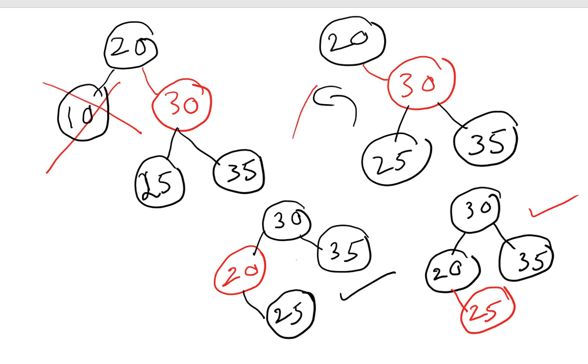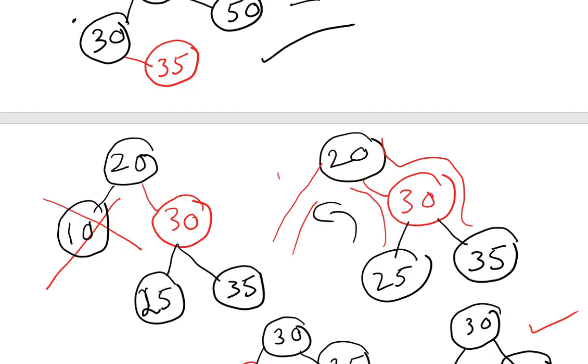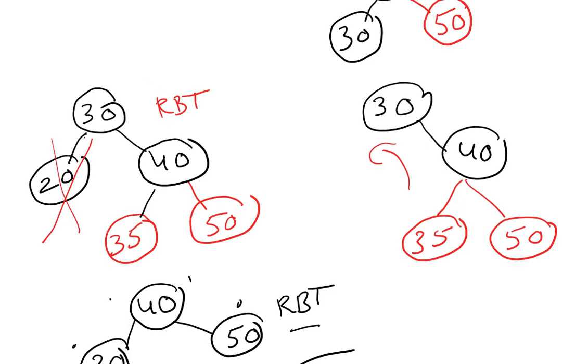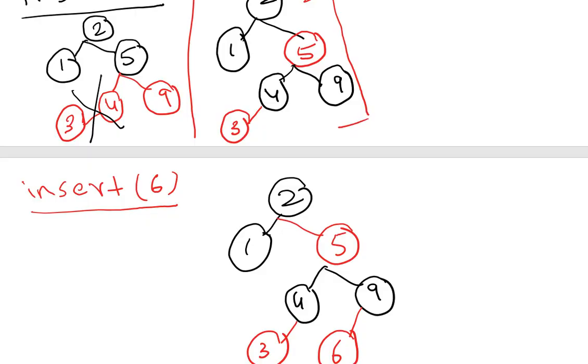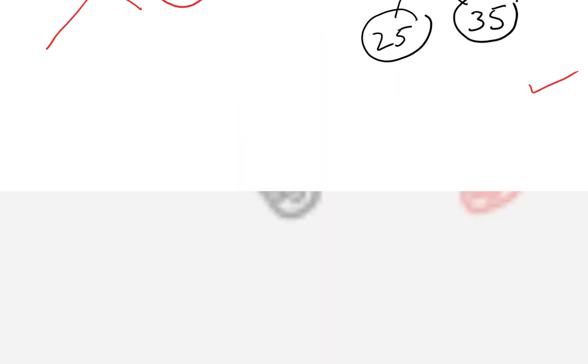In this, the left has only one black node, in the right this path has 2 black nodes, this path has 1 black node. That's why we need to perform rotation operations and we can do it. So this is how we do the deletion operation in the red black tree.